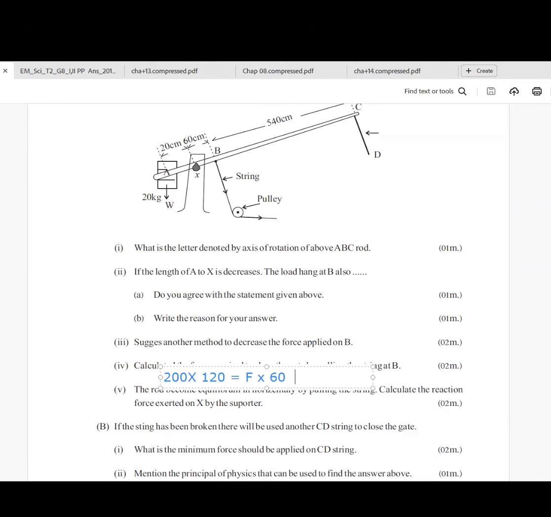Then the force: F equals 200 multiplied by 120 divided by 60. Answer is 400 Newton.